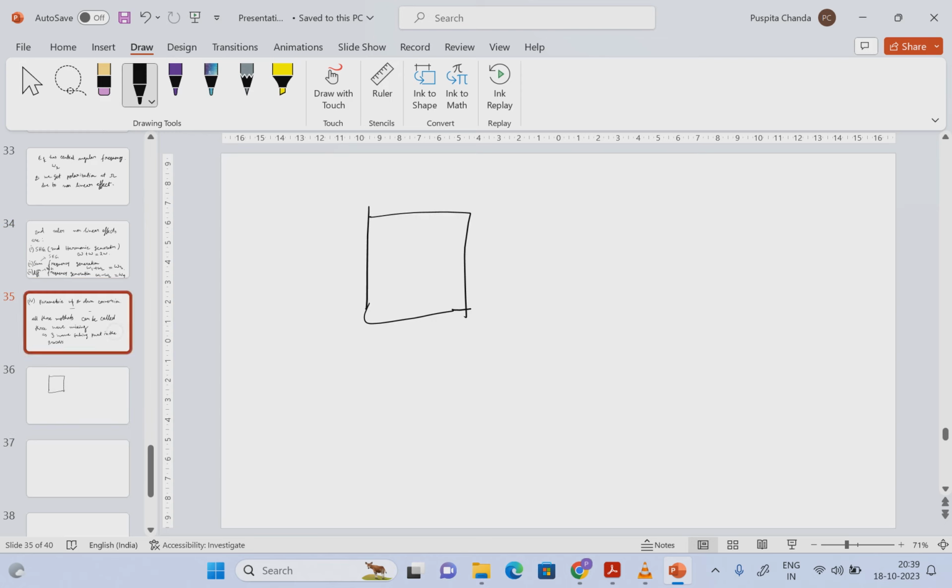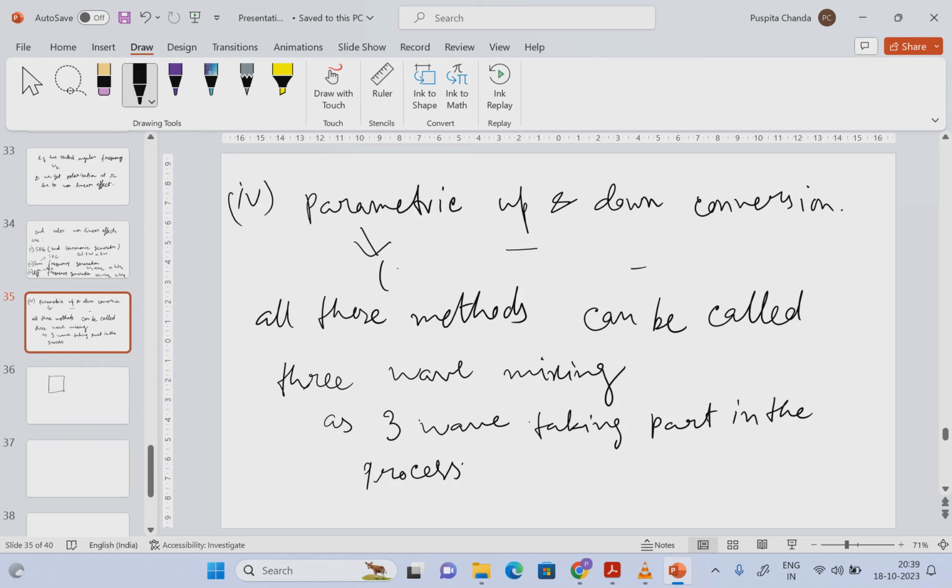And another thing, in a non-linear media, okay, what is parametric?